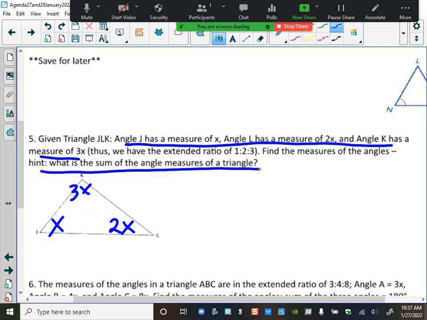So X plus 2X plus 3X is 180 degrees. Do we agree to that? Yeah.